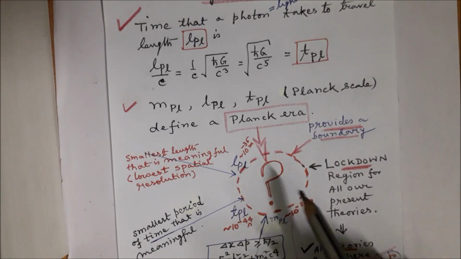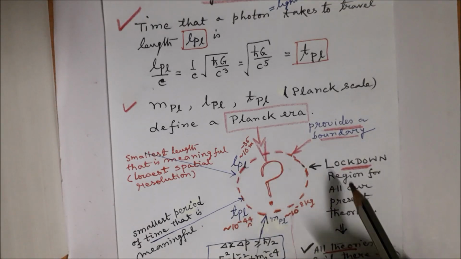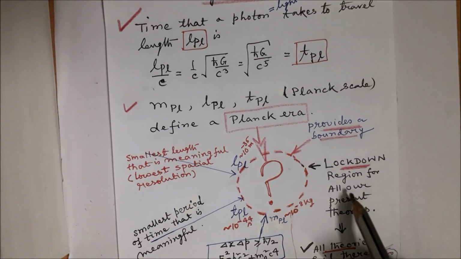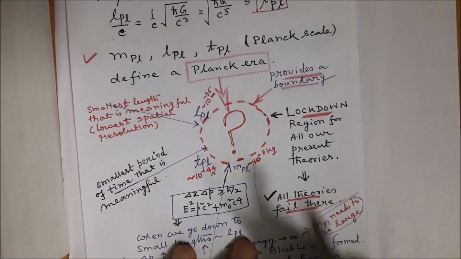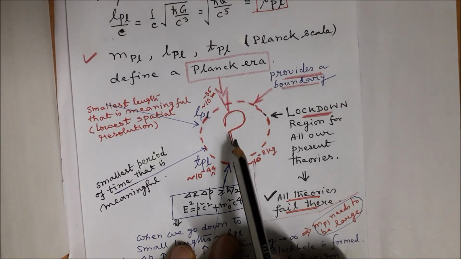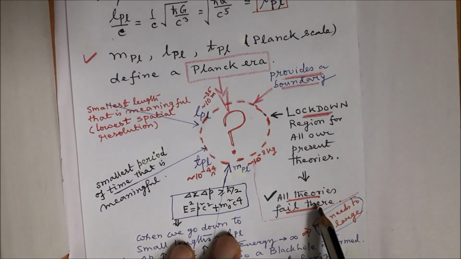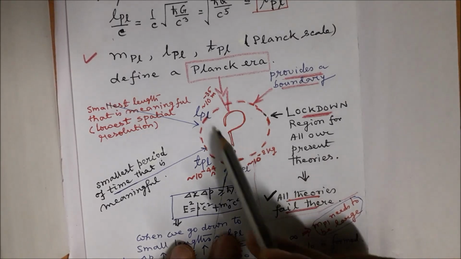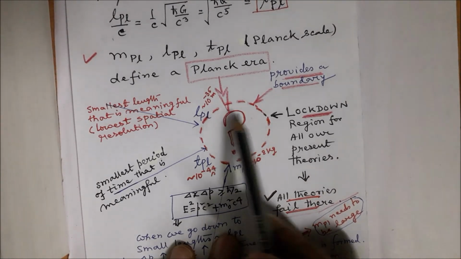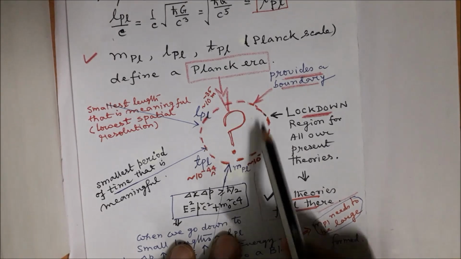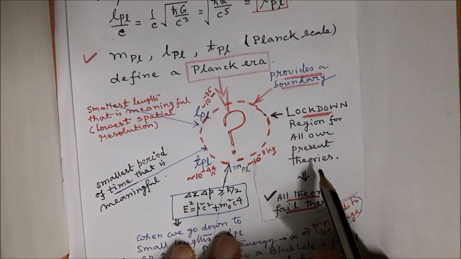Now this region is actually a lockdown region for all our present theories. This is because within the Planck Era all theories fail. So we cannot go into the Planck Era. We do not know what happened in the Planck Era. So it is a lockdown region for all our present theories.